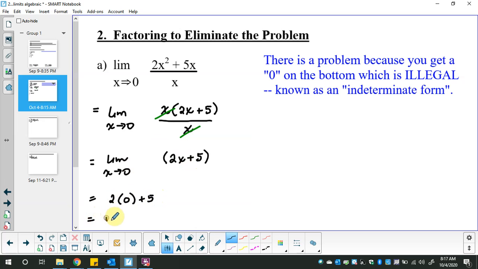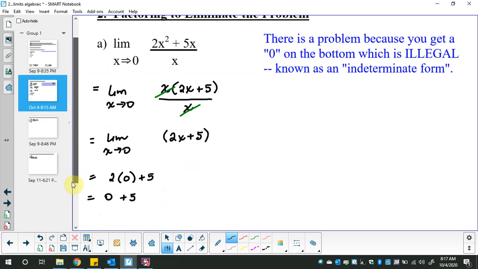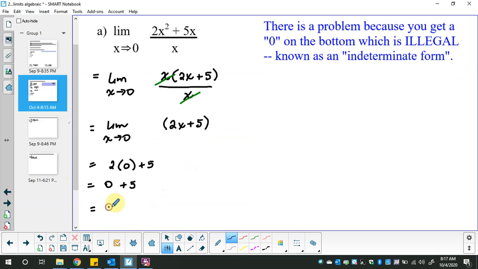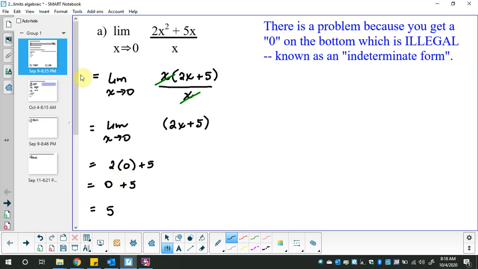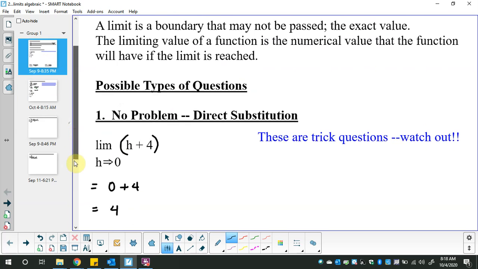And 2 times 0 is 0. Remember those 0 times tables. And we get an answer of 5. Now, I will come back to this question, and I will tell you how this applies to what we did graphically. But before we do that, let's try a couple more questions that have to do with factoring.